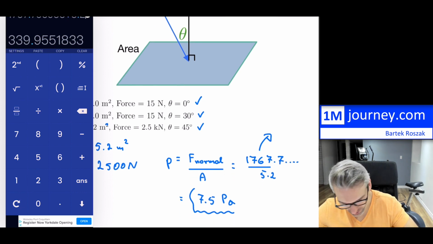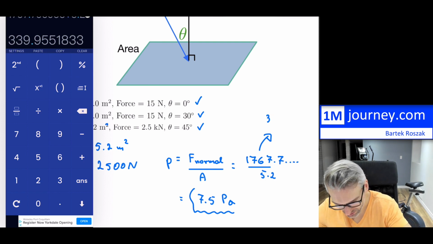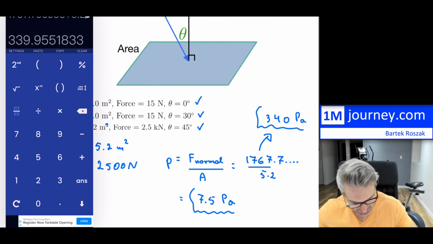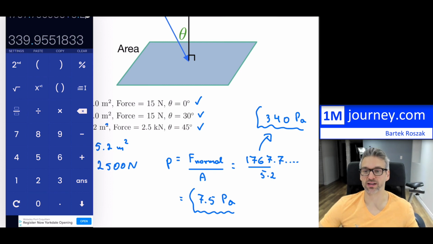For this example, it would have been 339. Oh, I guess it's 340. So I'm going to round it to two significant figures, so it's going to be 340 right there, and that's going to be pascals. Much higher, but that's because of the kilonewtons.